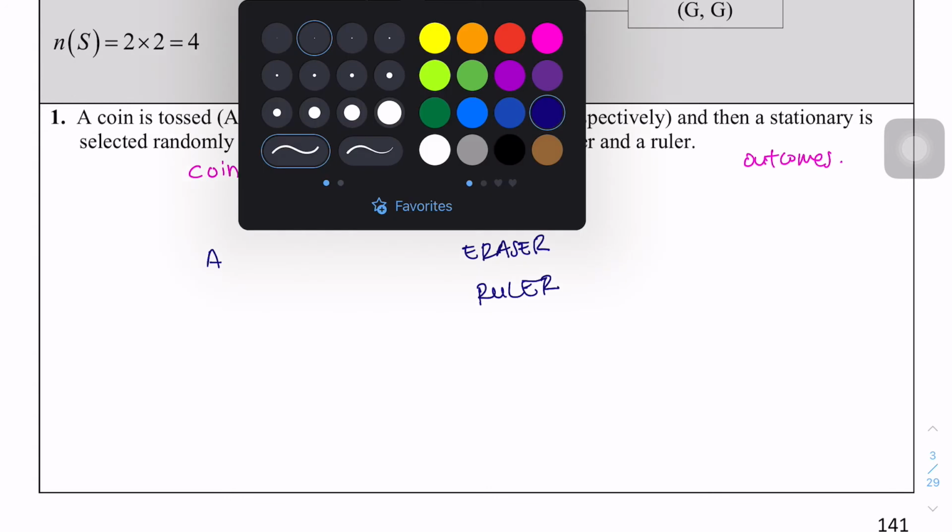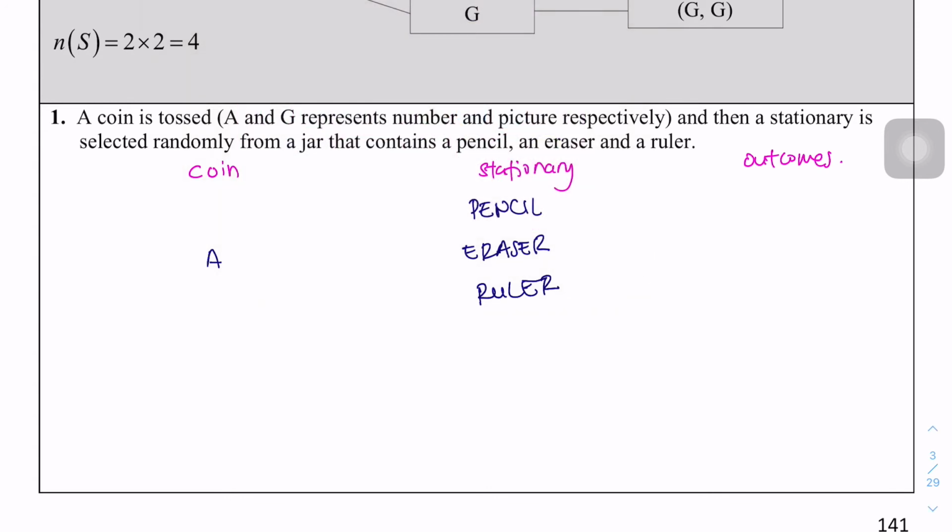After you choose coin, then maybe you will choose pencil or eraser or ruler. This is the first situation.